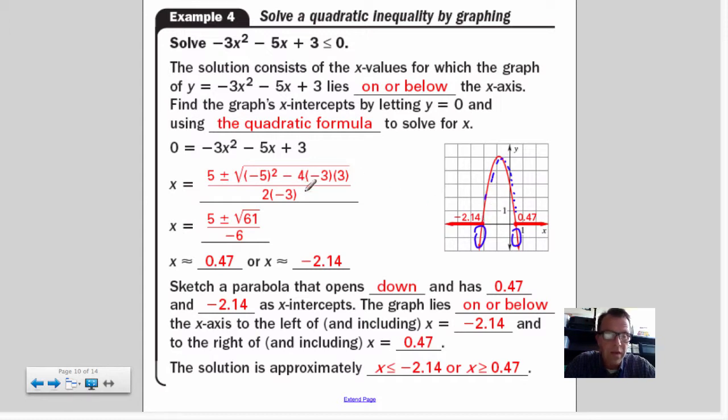Check it out, quadratic formula. So we can solve for the x-intercepts and say that any value of x that's greater than 0.47, or any value of x that's less than the second intercept, -2.14, will satisfy this inequality. We'll set this inequality to be true. Again, nice visual here on the graph.